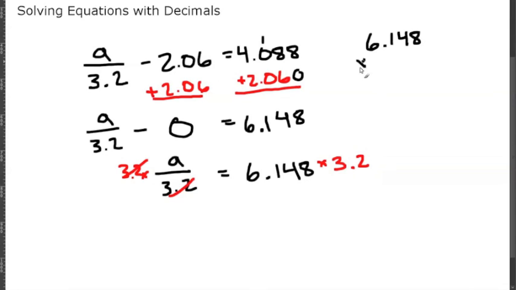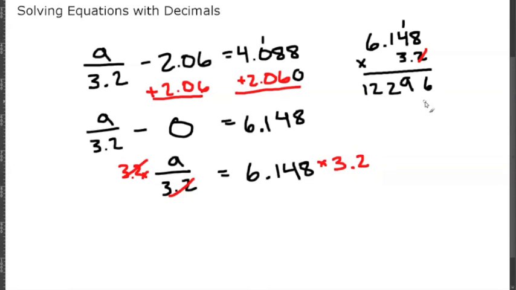6.148 times 3.2. We're going to ignore the decimals to start. So 8 times 2 is 16. Carry the 1. 4 times 2 is 8. 8 plus 1 is 9. 2 times 1 is 2. 2 times 6 is 12.